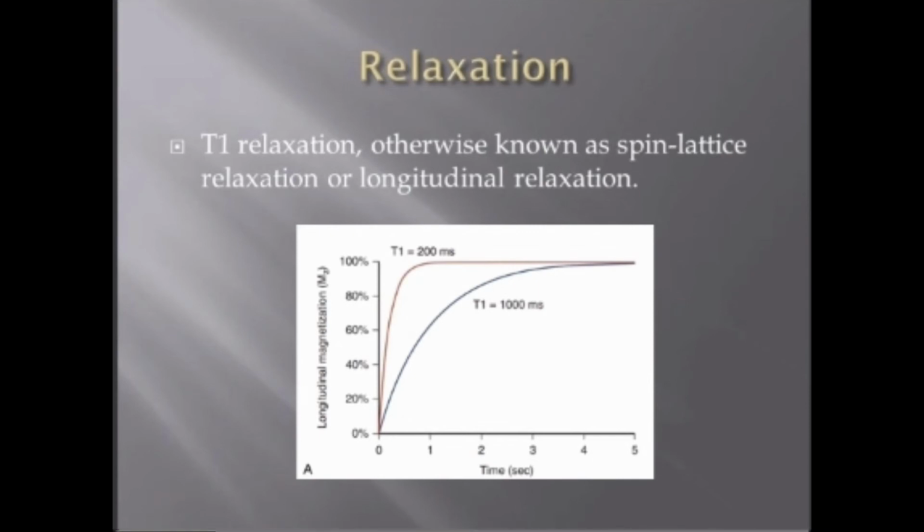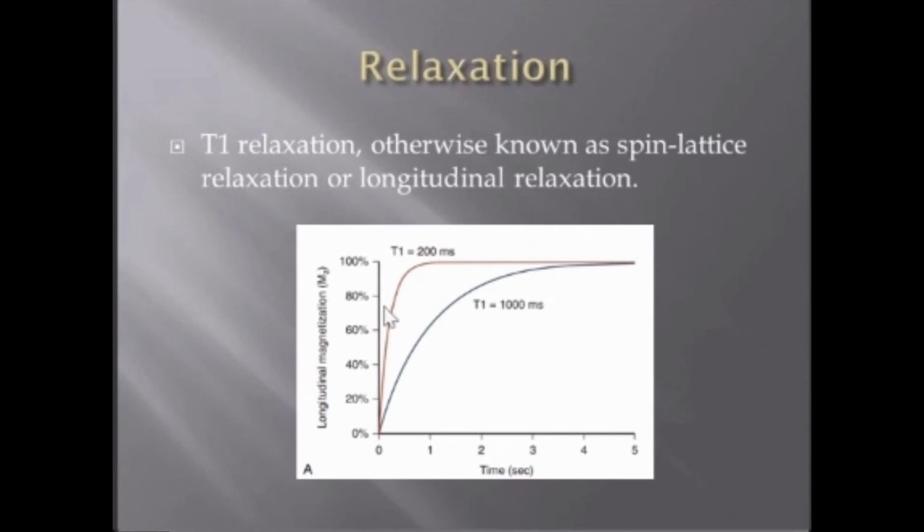Immediately after the pulse, the longitudinal magnetization is zero because all of the magnetization points along the x to y plane. Over time the magnetization slowly returns to equilibrium. The curve shown in black describes the relaxation of a tissue with a long T1 value, 1000 milliseconds. Note that it takes a long time for the magnetization to return to the equilibrium value.